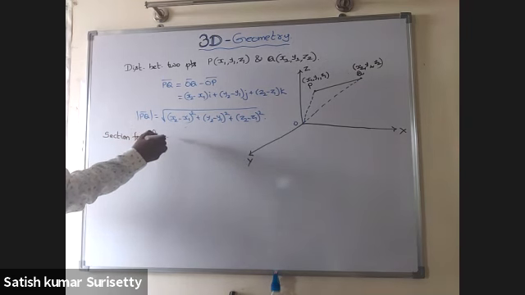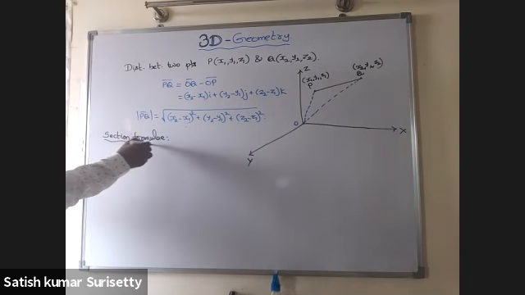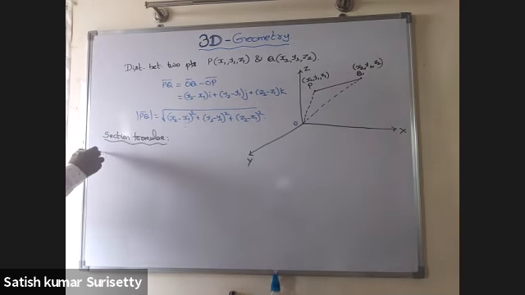Section formula. Number 1, internal point of division.